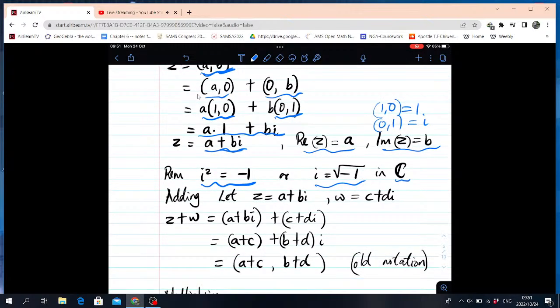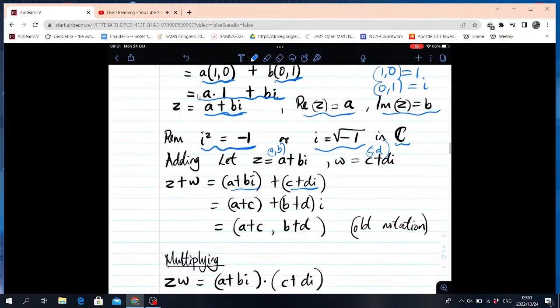So let's see what happens if we add. So if you've got z, which is a plus bi, and w, which is c plus di, so this would be our ordered pairs (a, b) and (c, d) in the old notation. If we add them, we are going to get a plus bi plus c plus di, like that.